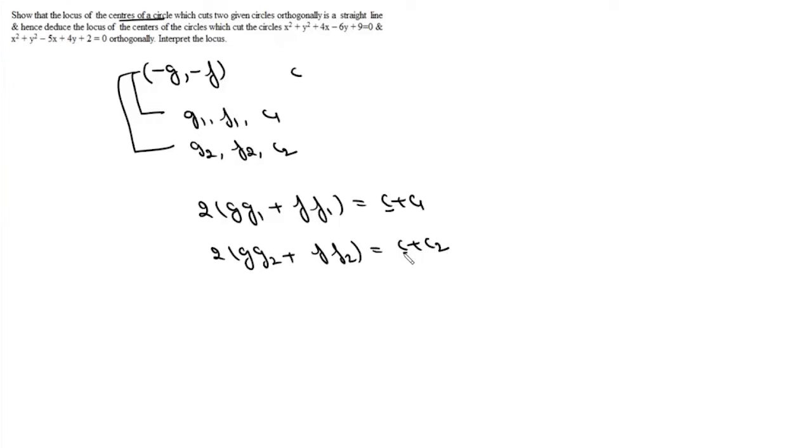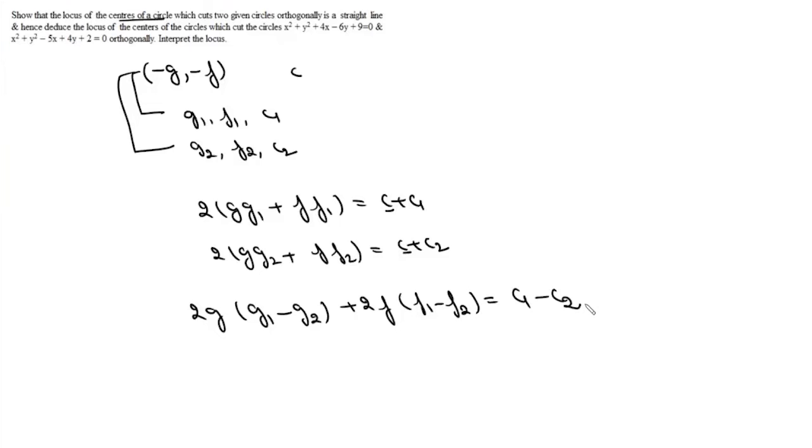Now here we'll eliminate this C by subtracting, so we'll get 2G(G1 minus G2) plus 2F(F1 minus F2) and will be equal to C1 minus C2.